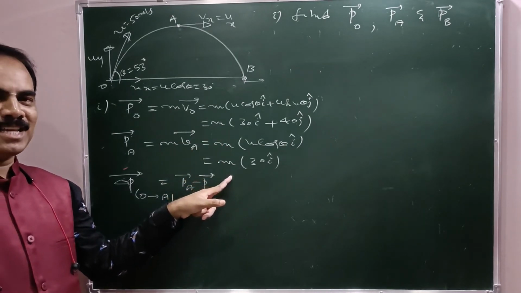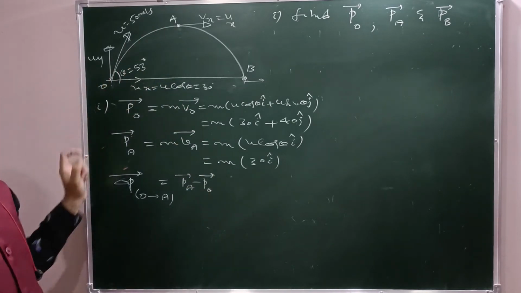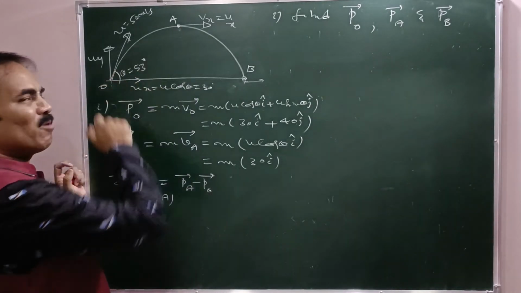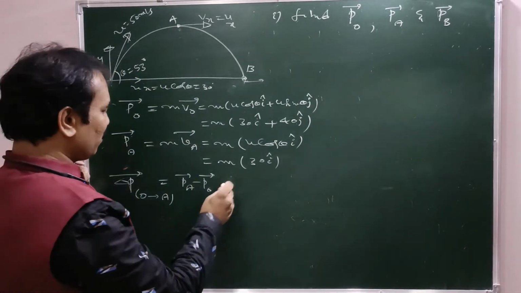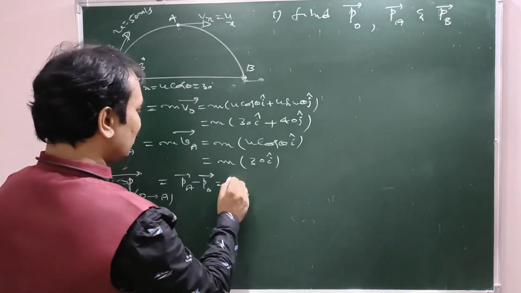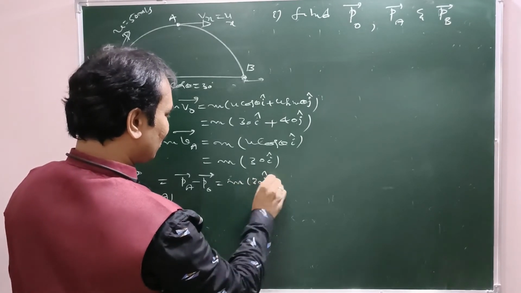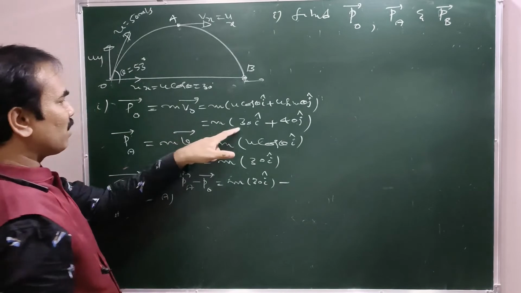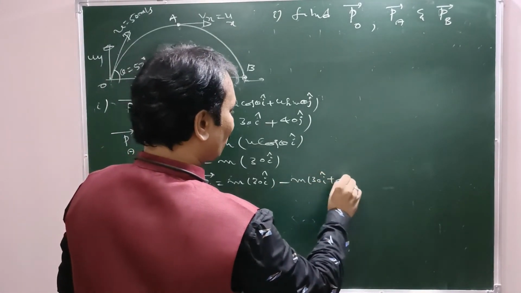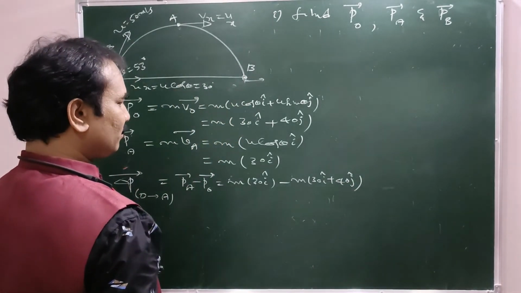Obviously we have some change in linear momentum before reaching the highest point from the point of projection. What is the change here? Final momentum vector minus initial momentum vector, that is P_A bar minus P_O bar. P_A bar is M into 30I, minus P_O, which is M into 30I plus 40J.